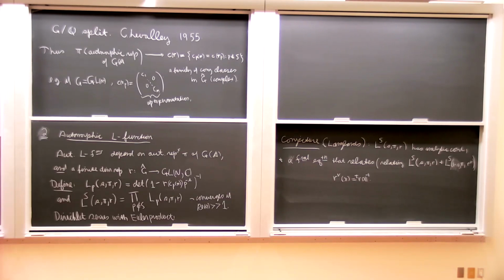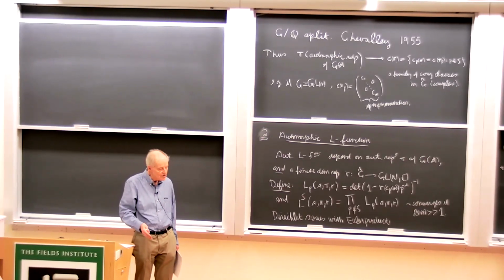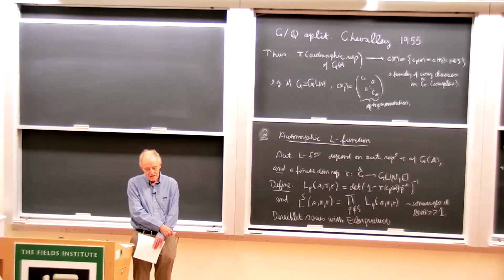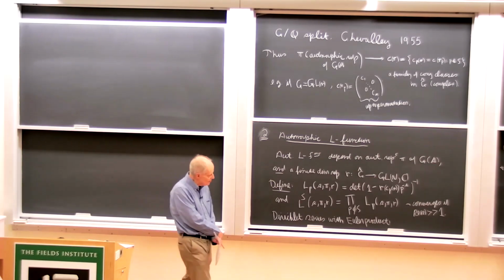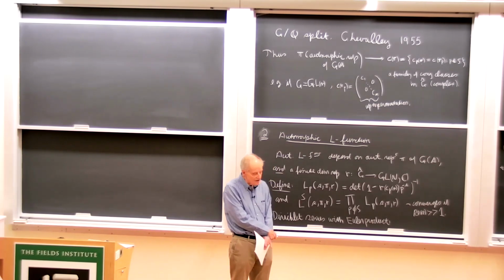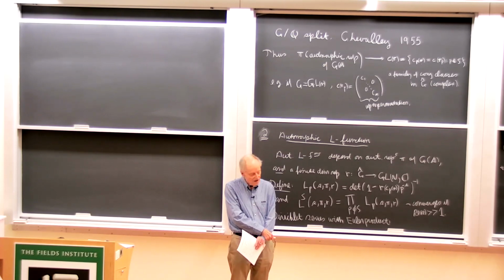The fact that the representation pi is unitary gives you convergence in some half plane. Unitary is a fairly strong condition on the representation pi. But you expect, if pi is a cuspidal automorphic representation, that you get absolute convergence in the plane real part of s bigger than 1.